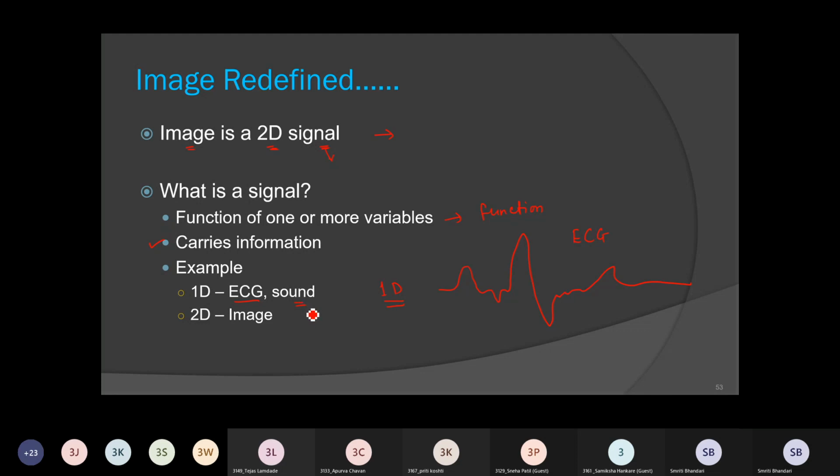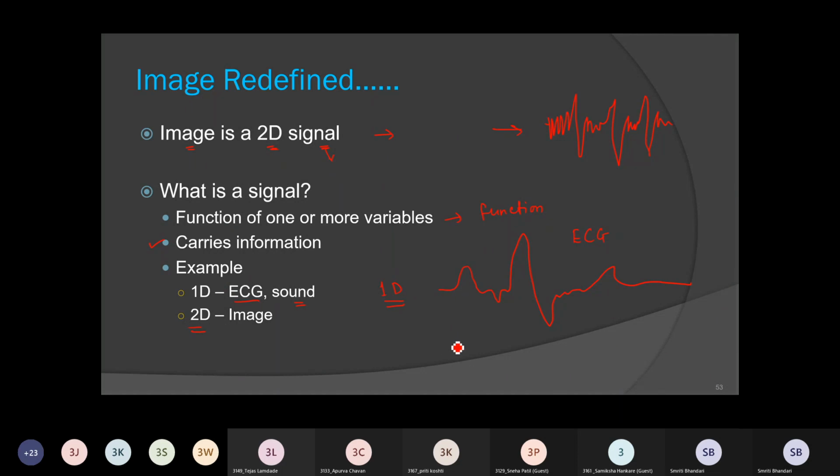If we consider voice or sound, then the sound is also something like this. If you try to plot the sound, then the graph that we may have is like this. So this is also a one-dimensional signal. And whenever we say image, it is a two-dimensional signal.